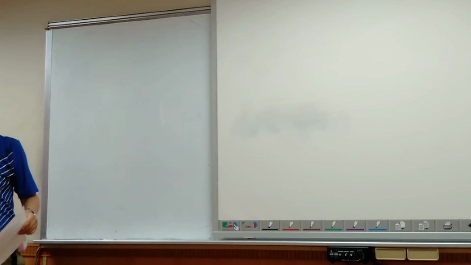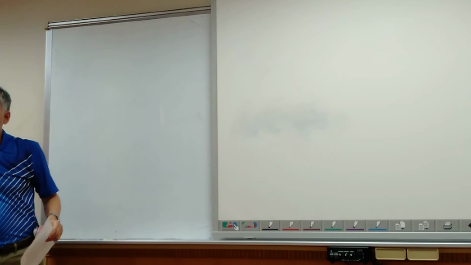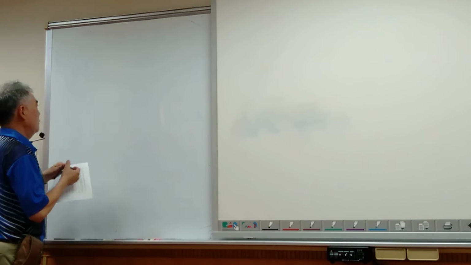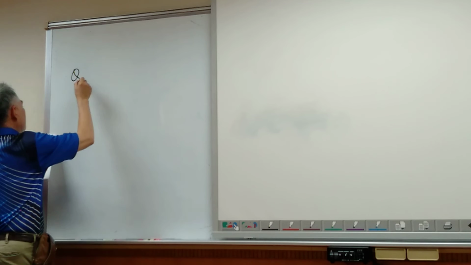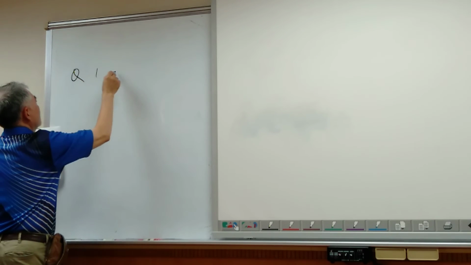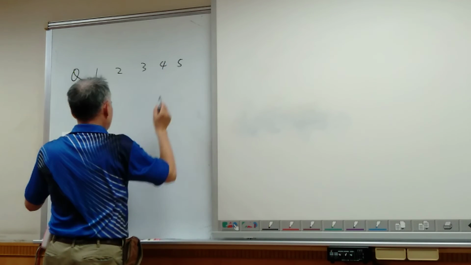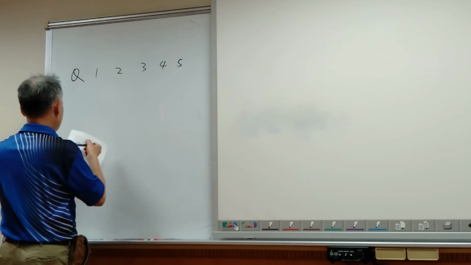Either you look at AVC or ATC, both will give you the same answer. So you have Q: 1, 2, 3, 4, 5, 6, 7.